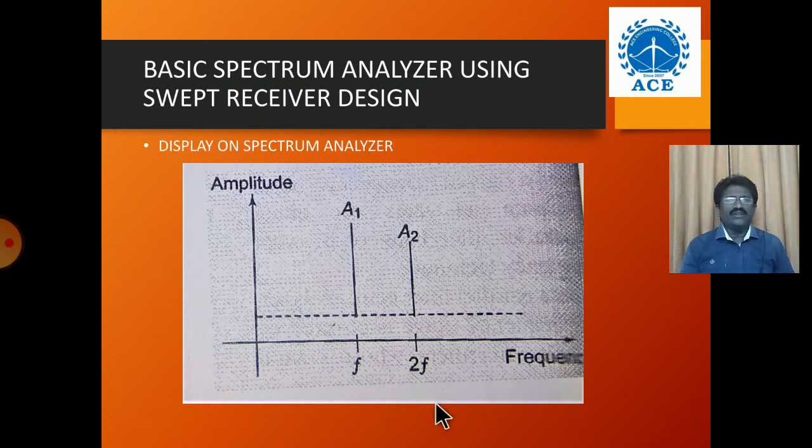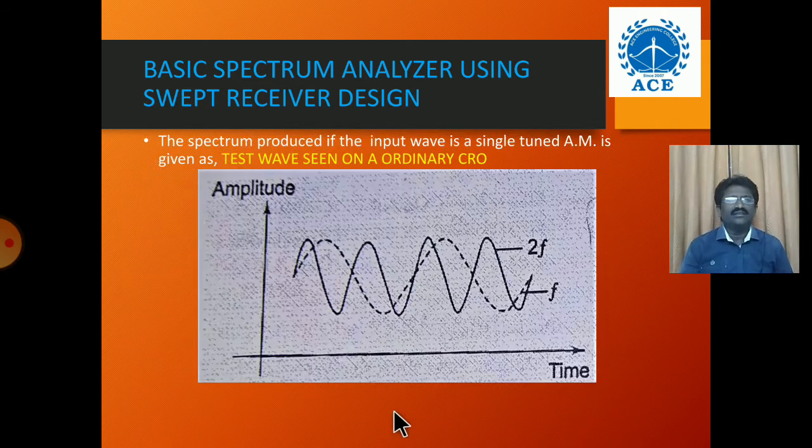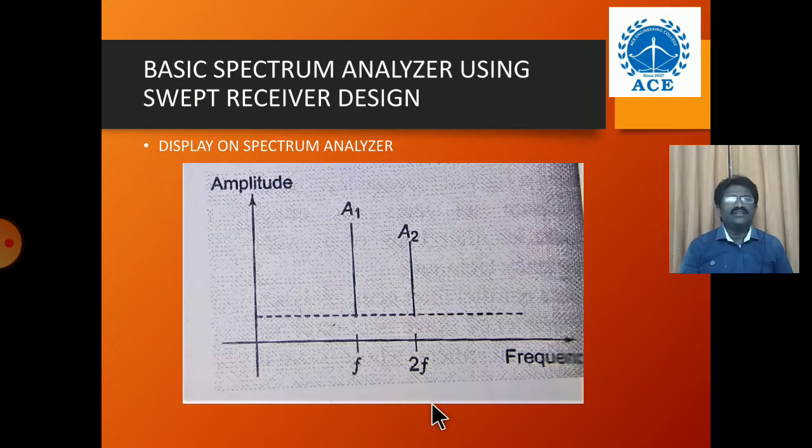So now on the spectrum analyzer screen you can observe our output waveforms are like this. Here we are taking the output between amplitude and frequency.